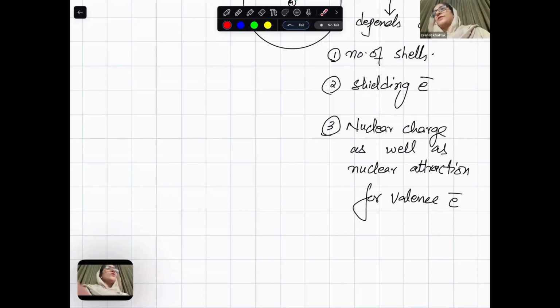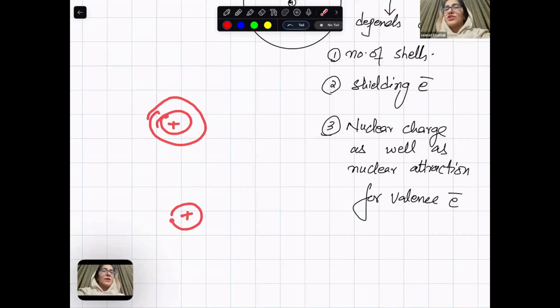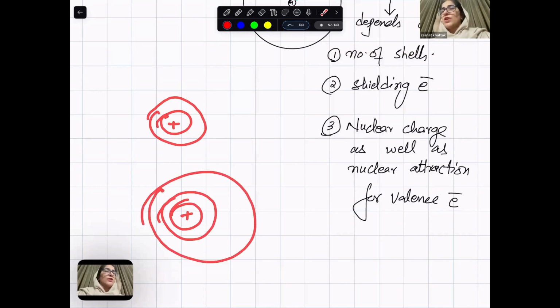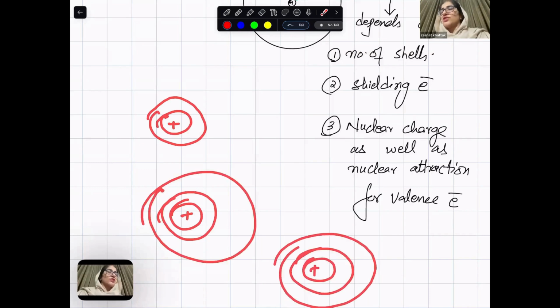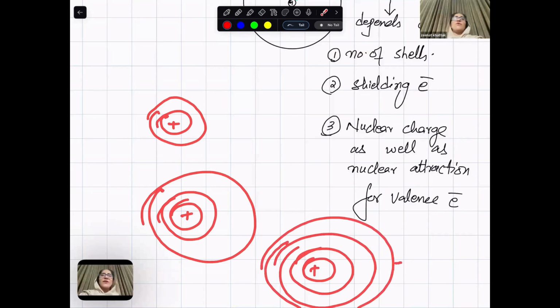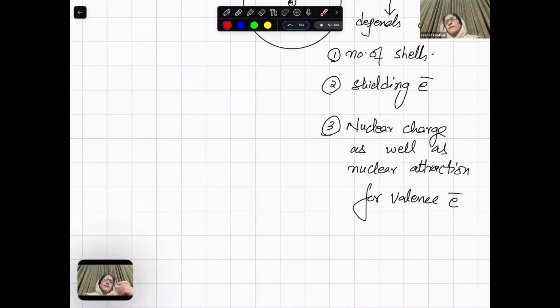Now you know that the more the shells, look, one shell, two shells, nucleus, one shell, two shells, three shells, nucleus, one shell, two shells, three shells, four shells. Definitely the more the number of shells, the bigger the atom is. It's obvious.